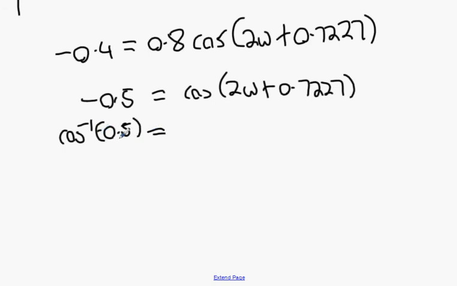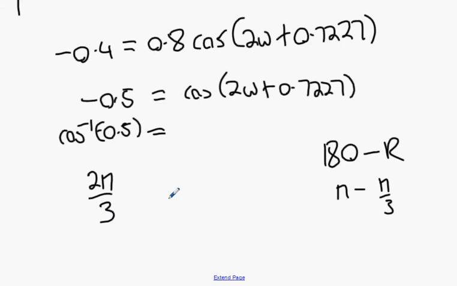What do you get? Anybody? Was it minus pi over 3, is it? So it would be minus pi over 3, but we're talking about the second quadrant. Second quadrant is 180 minus r, which is basically pi minus pi over 3, which is 2 pi over 3.